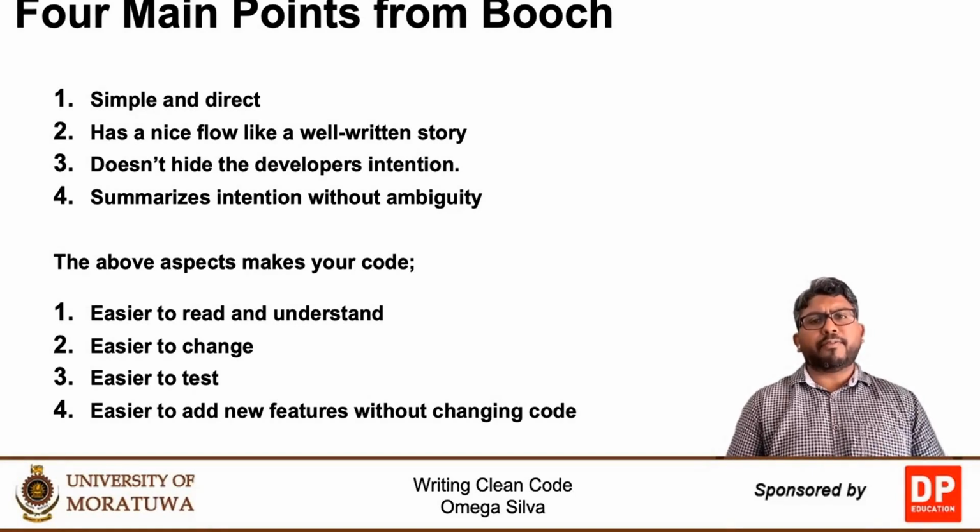There is a very nice flow that allows you to understand it better. It doesn't hide the developer's intention. As in, when you read through the code, it is very clear what the developer wanted to do with those lines of code. And it also nicely summarizes the developer's intent without any ambiguity, as in it clearly summarizes.